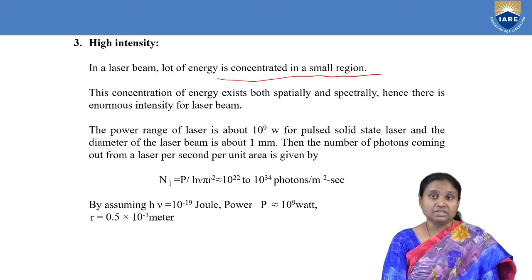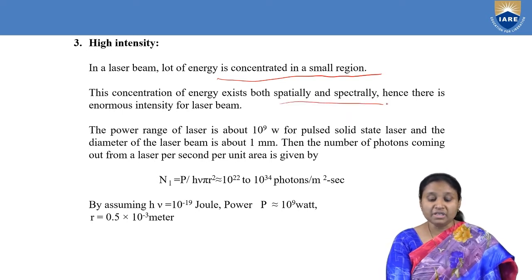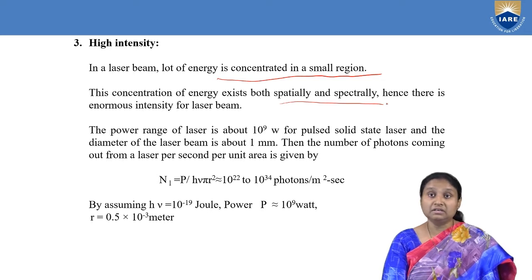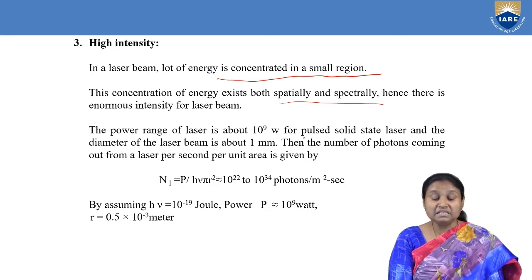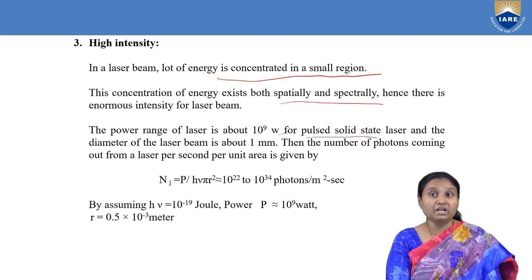And this concentration can be spatial or spectral, which makes its intensity enormous. It means that power is very, very large. So, if you look at this pulsed solid state laser, it is around 10 to the power of 9 watts, where the diameter of the laser beam is only 1 mm.